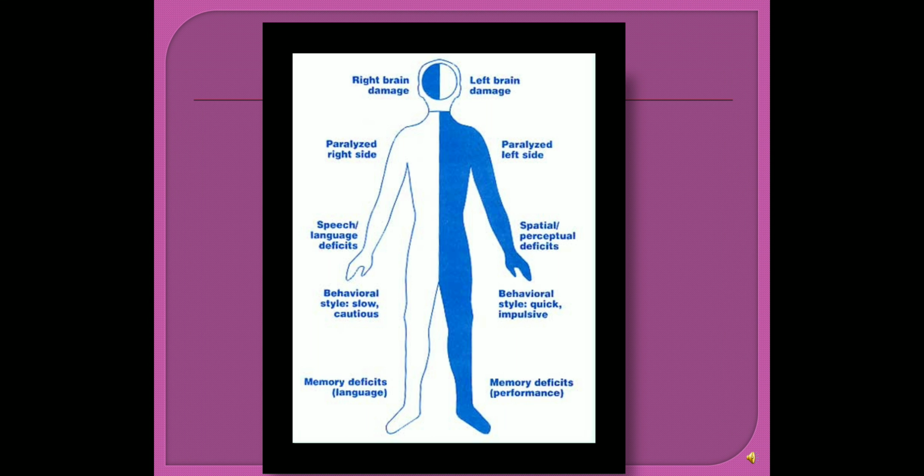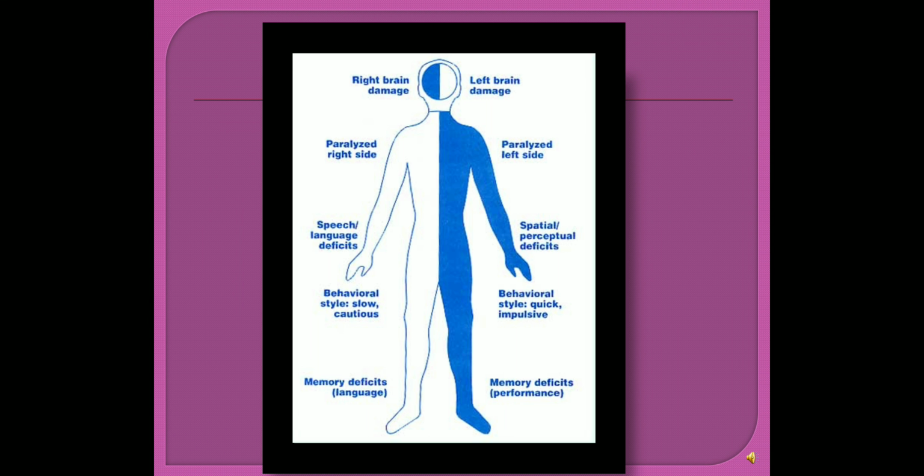In this diagrammatic representation, we can see one part is blue color, one is white color. Here, in the diagrammatic view, we know that when the right side of our brain is affected, then the left side of our body is affected. In the same pattern, if the left side of the brain is damaged or affected, then the right side of our body gets affected.